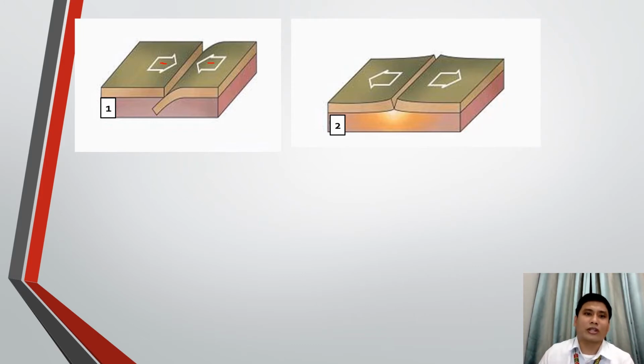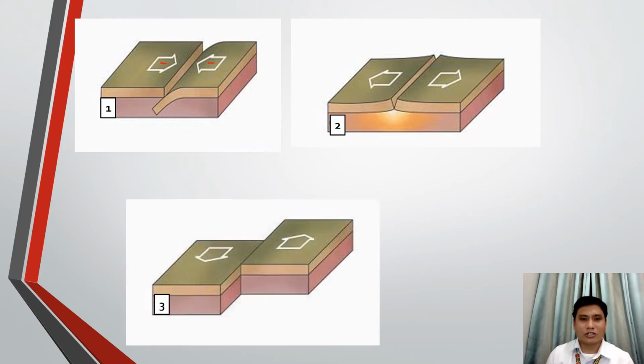So in the first one, Figure number 1, in Tagalog, nagbabanggaan yung dalawang plates. For number 2 naman, it is the exact opposite. The two plates are separating or moving away from each other. Naghihiwalay sila.